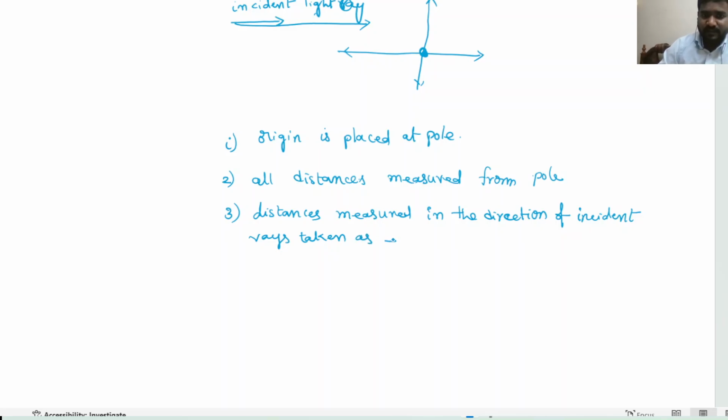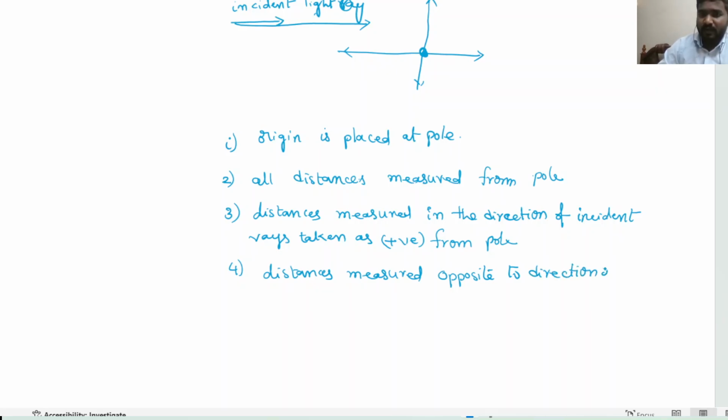Similarly, the fourth one: distances measured opposite to the direction of incident rays are taken as negative.